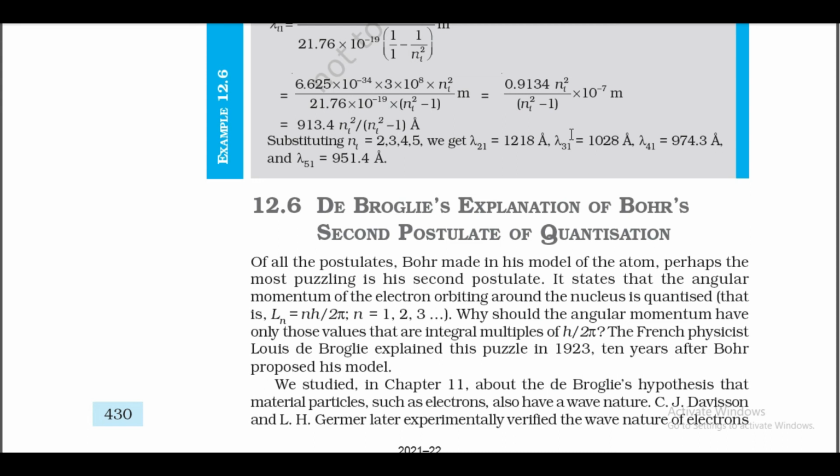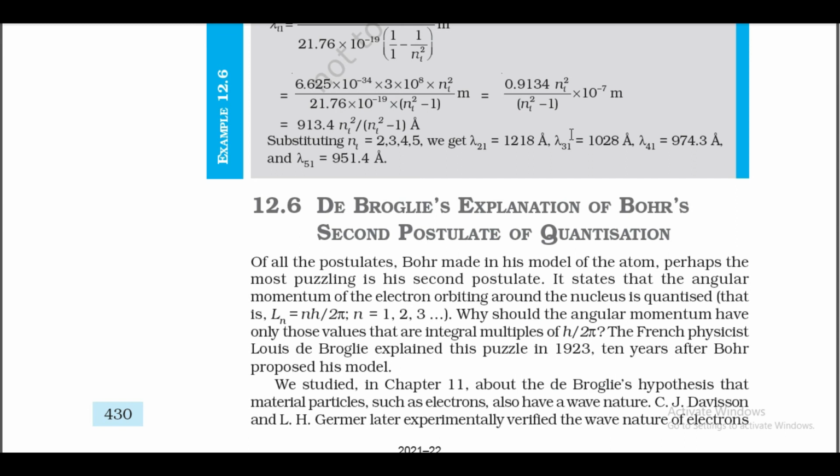Of all the postulates Bohr made in his model of the atom, perhaps the most puzzling is his second postulate, which states that the angular momentum of the electron orbiting around the nucleus is quantized. That is, Ln is equal to nh by 2 pi, n is equal to 1, 2, 3, and so on.